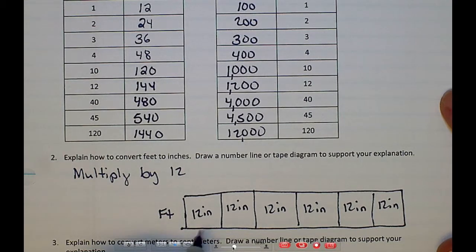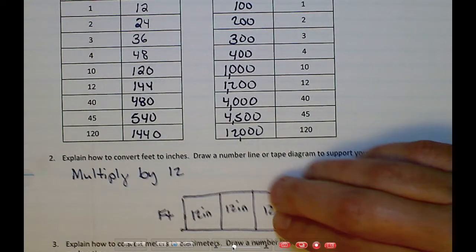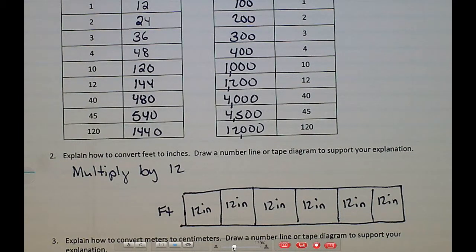So this is our tape diagram. So if I were to look at the two squares, how many feet would I have? Or how many, I would have 2 feet and how many inches? 24. So if you ever get confused, you can always draw out a tape diagram as well.